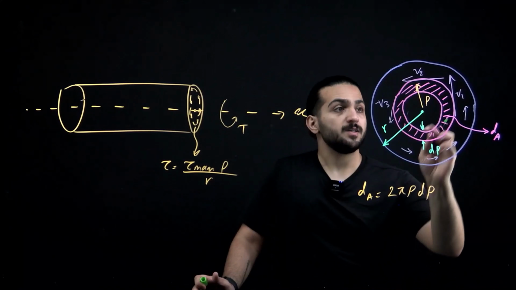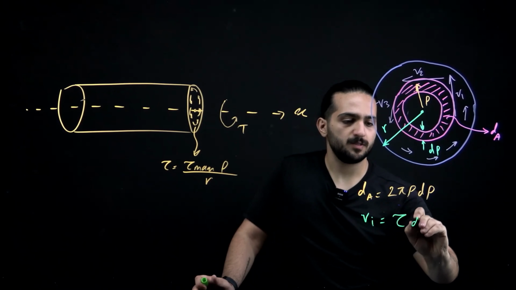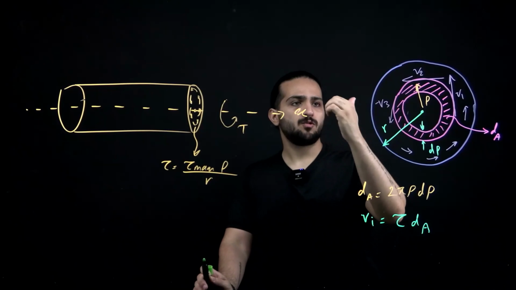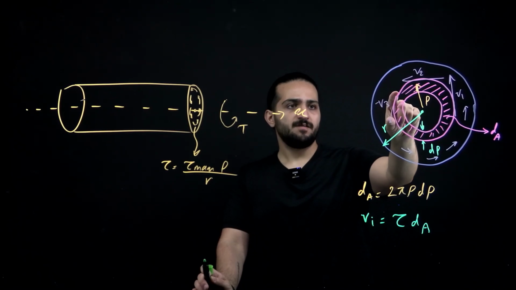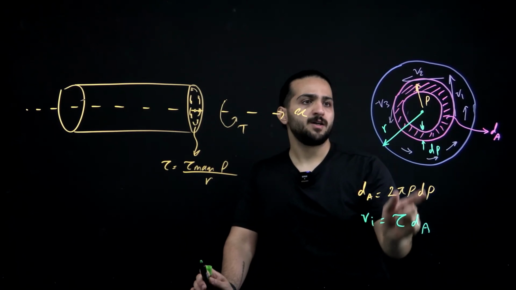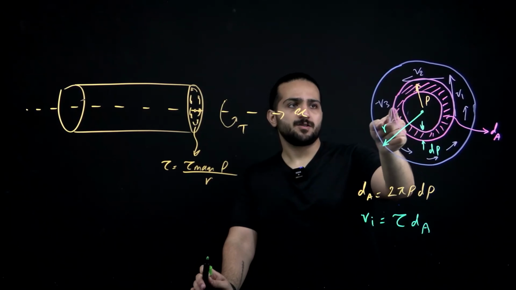So these Vis are equal to tau dA. And each force creates a torque which is equal to the value of the force, which is tau multiplied by dA, multiplied by the distance from the center, which is rho.